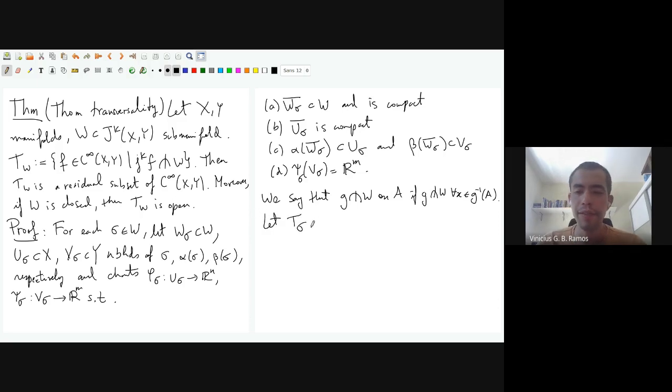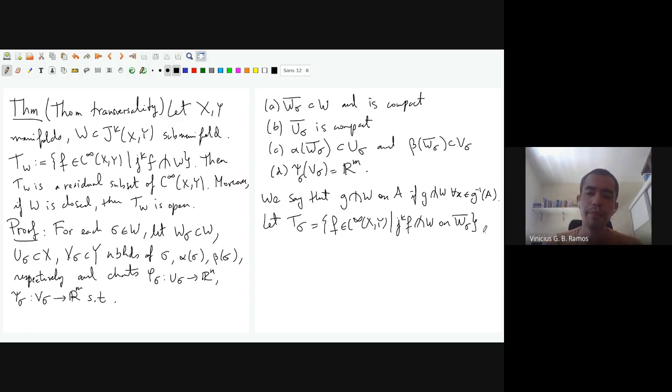T sigma be the set of functions f such that the kth jet of f is transverse to W on W sigma bar. Okay?